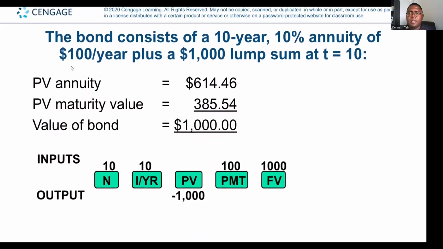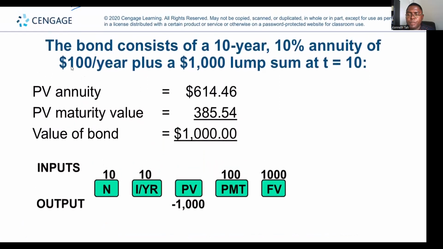The way we do this using the formula is that we understand that these are cash flows of the same amount period after period for a finite period of time. So there are two types of cash flows we see. The first is an annuity, because the cash flow is coming period after period for a finite period of time and is the same amount. And then the second cash flow is that par value that comes at the end of the period.